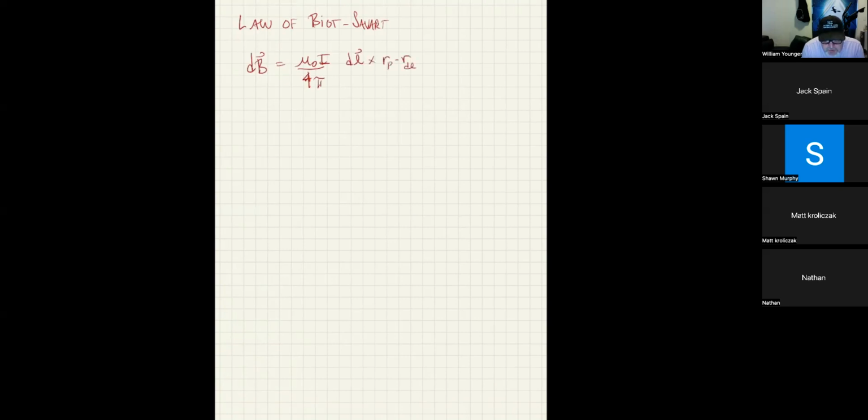So this is a version that your textbook does not have, over the magnitude of r_P minus r_dl, cubed. And what does that mean?